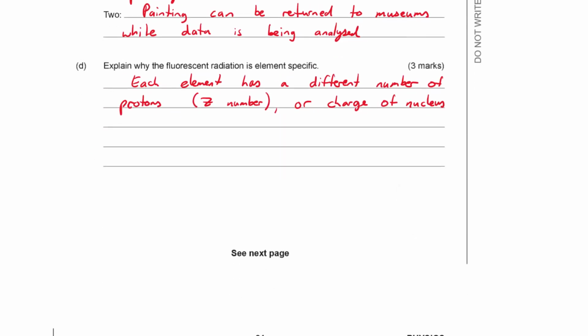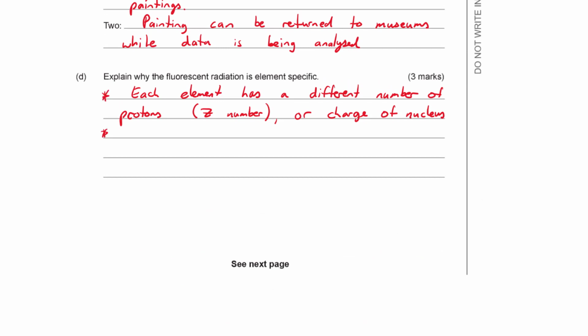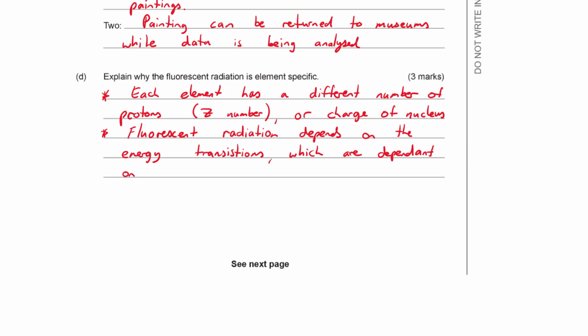So, charge of the nucleus. Why does that matter? Well, then you keep going with your explanation. So, fluorescent radiation depends on the energy transitions, which are dependent on the number of protons.